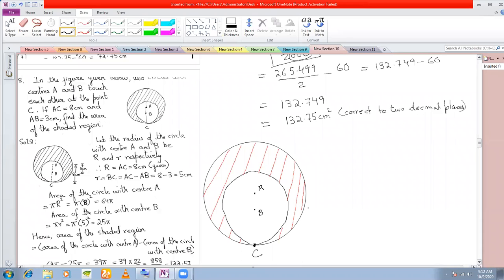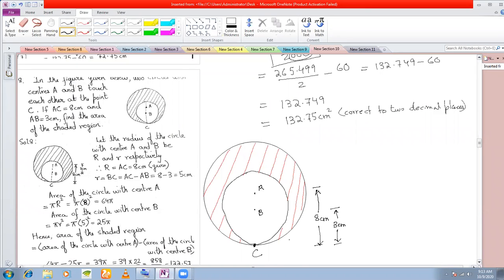If AC is equal to 8, that means this length is your 8 centimeters. And this length AB is 3, that means this length here is 3 centimeters.